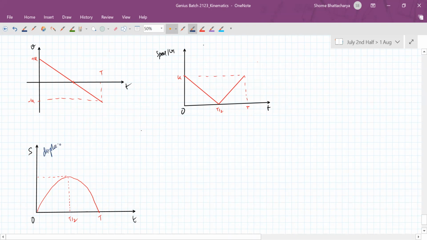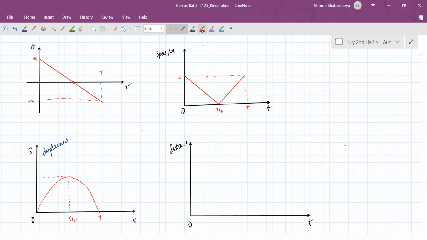Now, if I convert this to distance, it's not correct to say that distance is mod of displacement. It's a little bit different than that. We'll have an increasing graph from t/2. So what we'll have to do is invert this graph from t/2. Up to t/2 it is the same. Then momentarily it stops at t/2, and instead of coming back, the distance continues to increase.